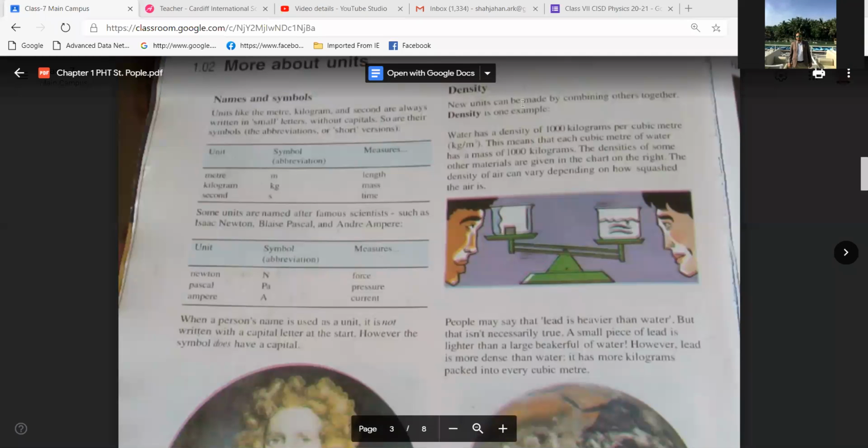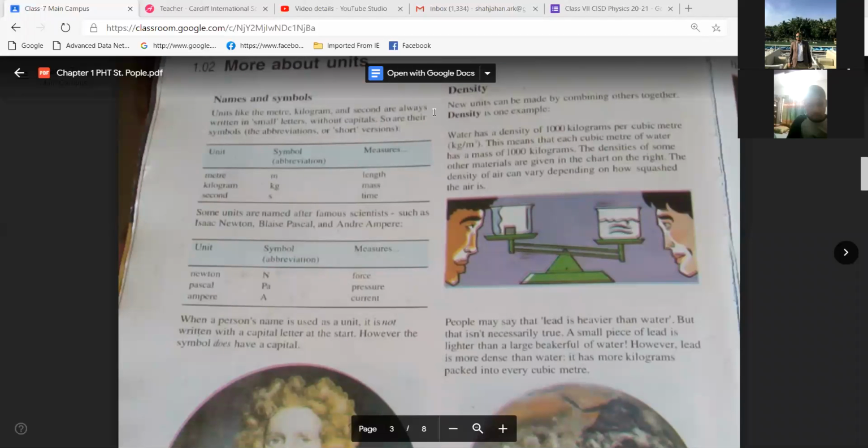Then we have here the formula and definition of density. What is the definition of density? You know? No, Pamti, sir. You don't know the definition of density. Density is the mass per unit volume.